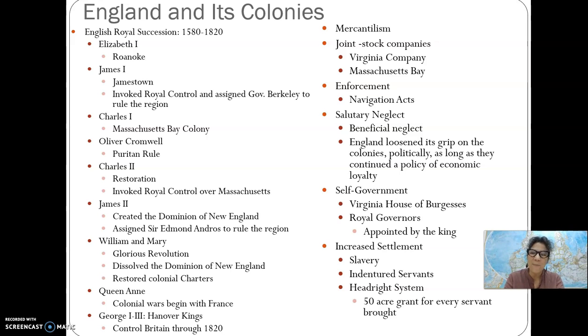So Jamestown was a tough place to live, and because the English saw that as the case, they took control of the colony because it started out as a joint stock colony and sent a governor there to rule over that colony.